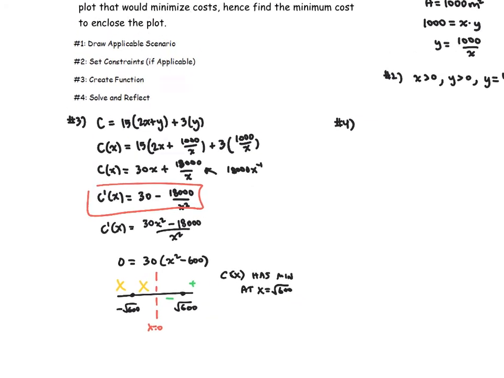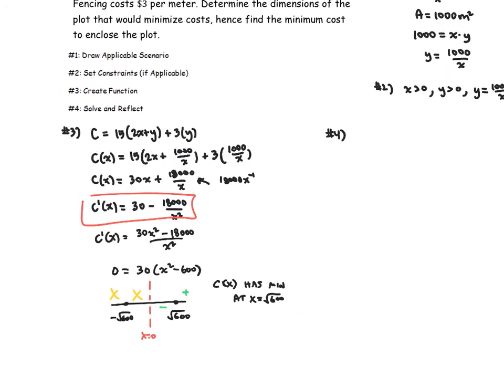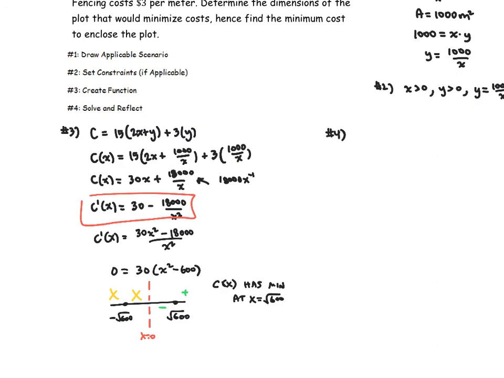Now all that I need to do is find the minimum cost. So I have to find the cost if x equals the square root of 600. I'm not doing that craziness without a calculator. But if I took c of the square root of 600, using 3 sig figs, I come out to $1,470. Got them. Okay, guys, there you go.